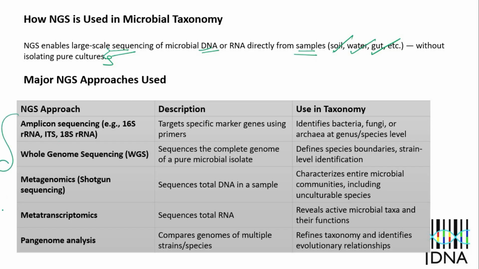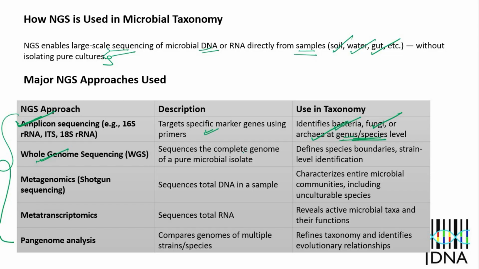These are the NGS approaches: amplicon sequencing, 16S RNA, ITS, and 18S RNA. It targets a specific marker using primers, and is used in taxonomy to identify bacteria, fungi, and archaea at genus and species level. Let's suppose we want to identify the bacteria, fungi and archaea at their genus and species level, then we use amplicon sequencing. Next, whole genome sequencing.